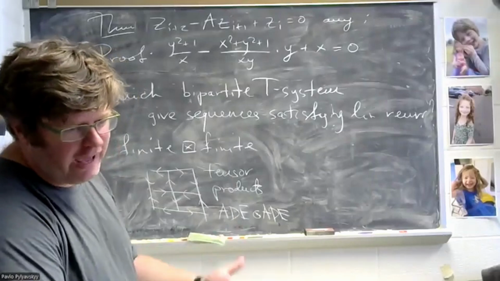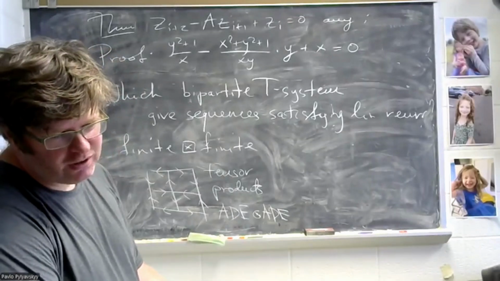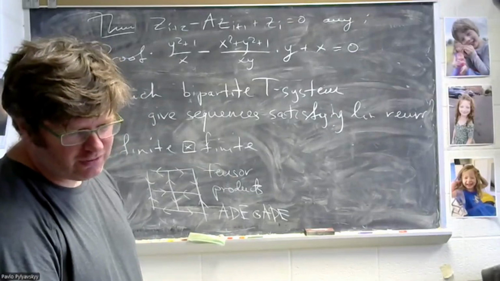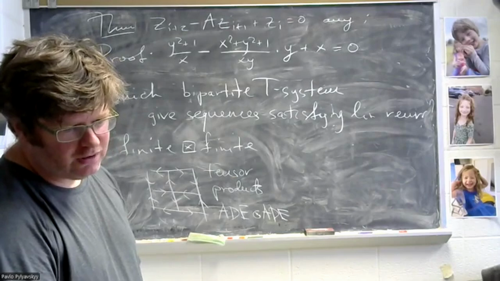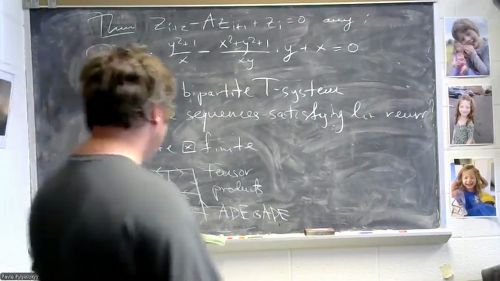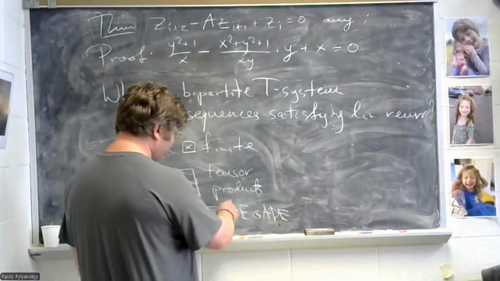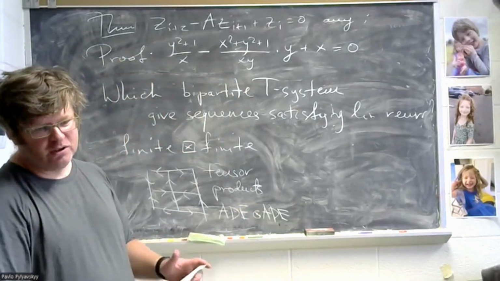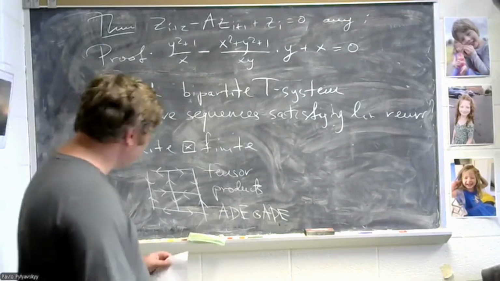So instead of ADE linking diagrams, we would have affine ADE linking diagrams. So you would think the conjecture would be that you take the tensor product of two affine linking diagrams and you get something which has this property.